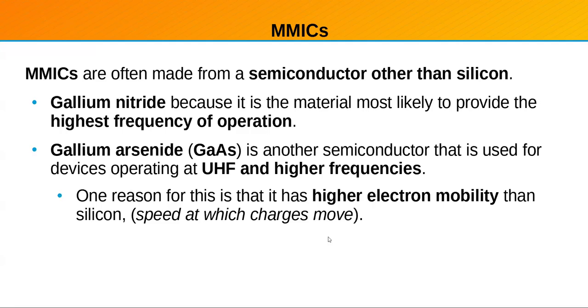Usually they're made from something other than silicon in order to get the speed up. So gallium nitride is one of the materials, sometimes gallium arsenide. Not sure what the differences are between the two. They're very similar. I think gallium arsenide might be a little higher frequency range. I'm not sure.